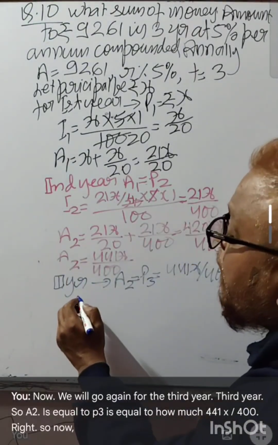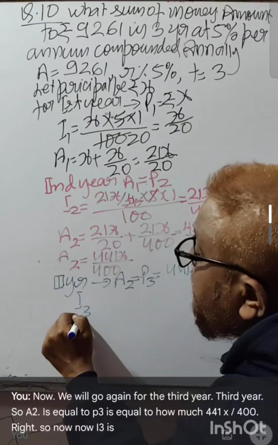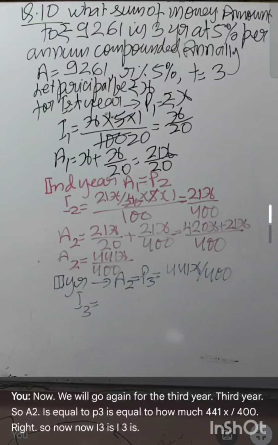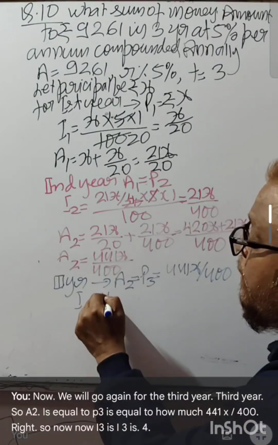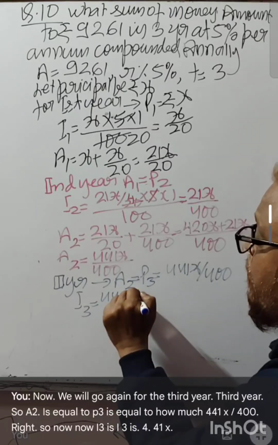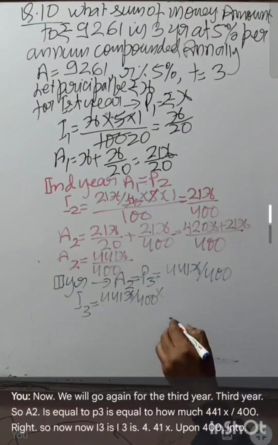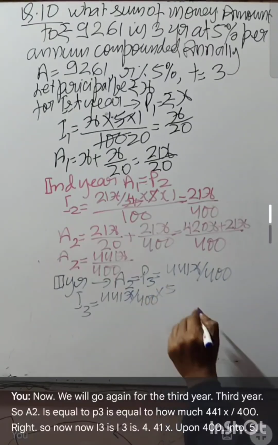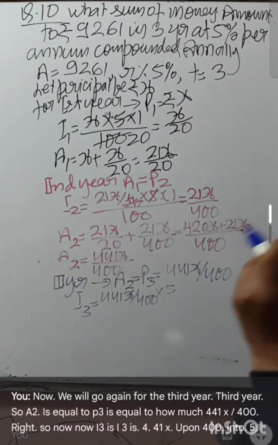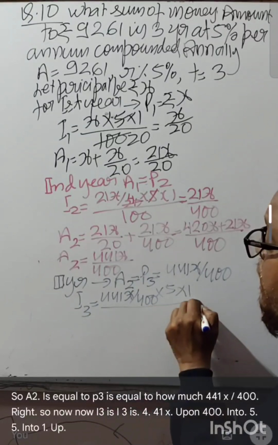So now I3 is 441x upon 400 into 5 into 1 upon 100.